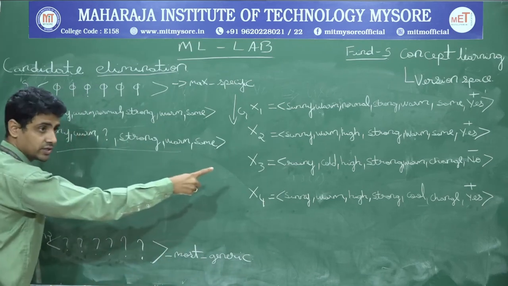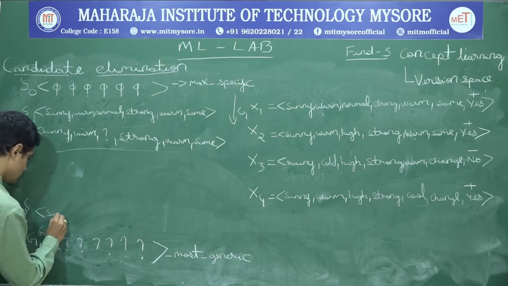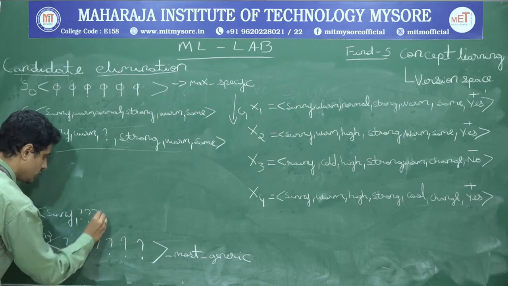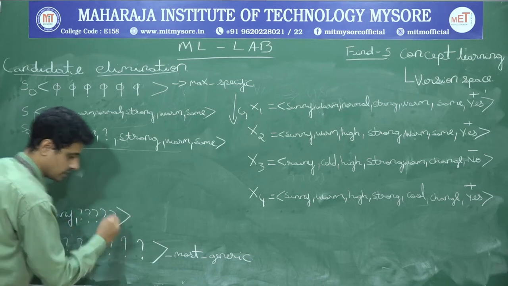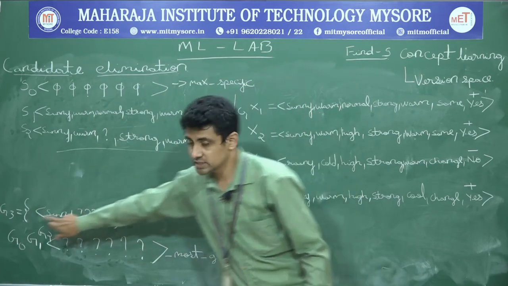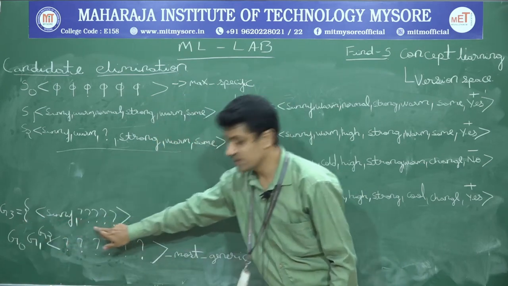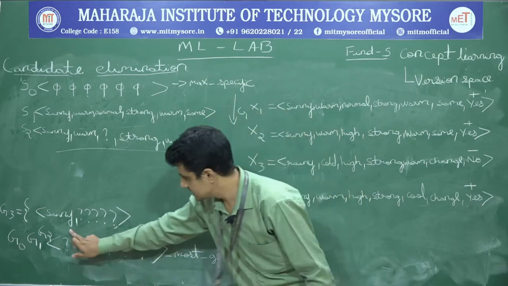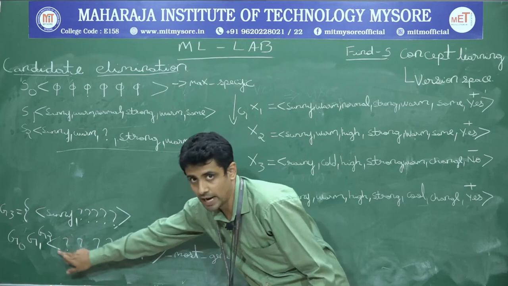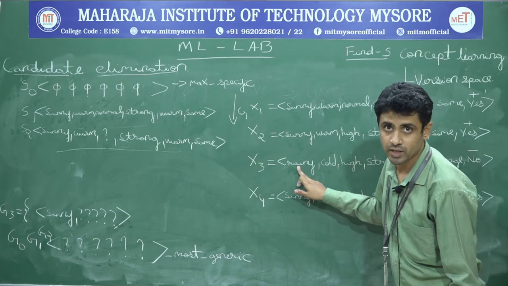So the first one is rainy, so in case of that, write sunny followed by 1, 2, 3, 4, 5 question marks. That is my G3 right now. This particular attribute value was rainy in the case of the negative example.